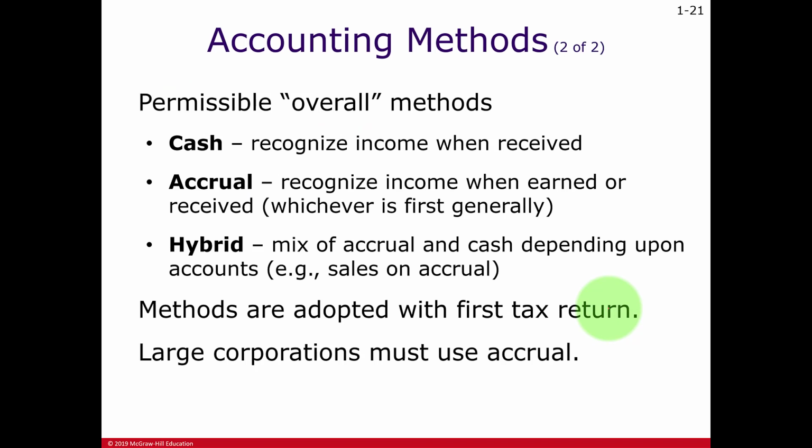So generally there's three big types of accounting methods. The one you and I are familiar with as individuals is the cash method, where we report income when we receive it and we report deductions when we pay for it. So all you're doing is following the money. This is probably the simplest of all the different accounting methods.